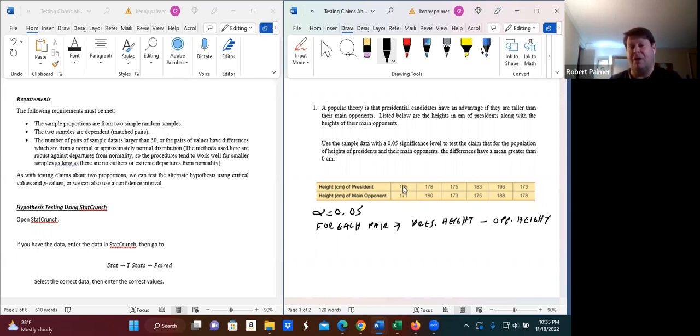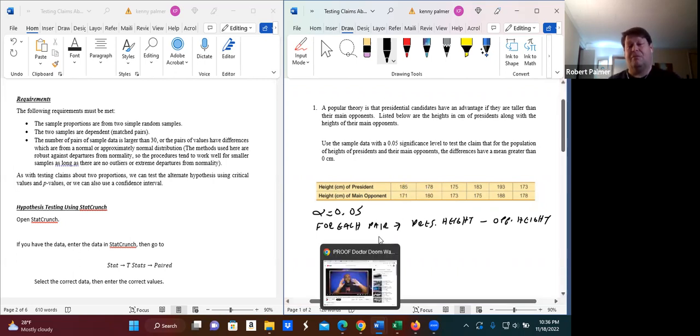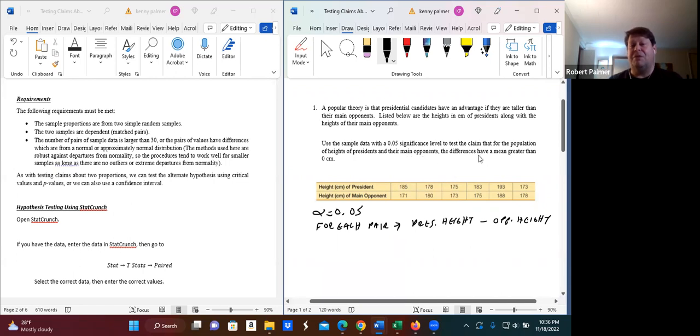So for each paired sample we do this minus this, and so forth, and that gives us the value of these differences. And then the question is, if these differences have a mean greater than 0, that would mean that presidents tend to be taller than their opponents. Okay, so let's look at our hypotheses.